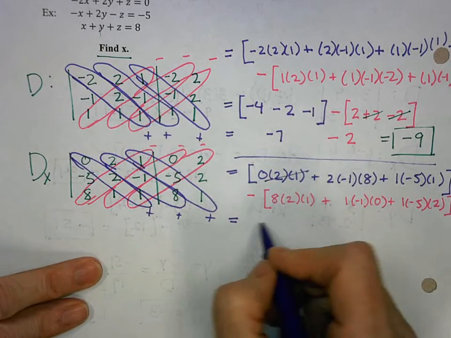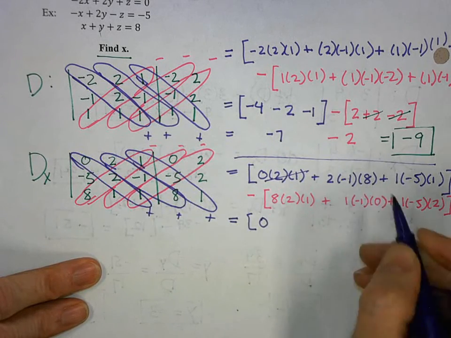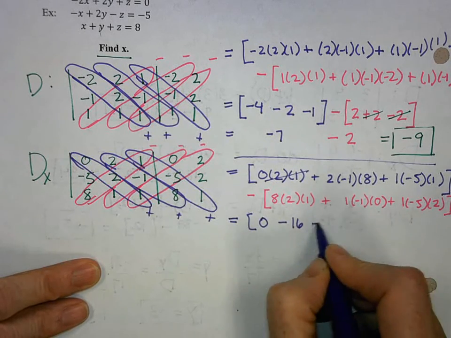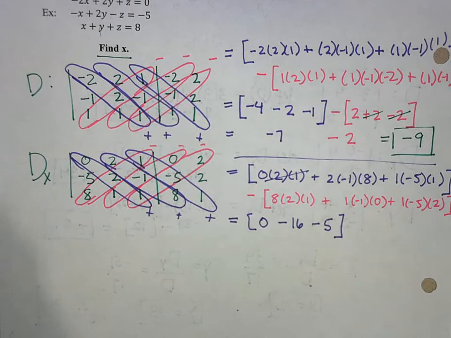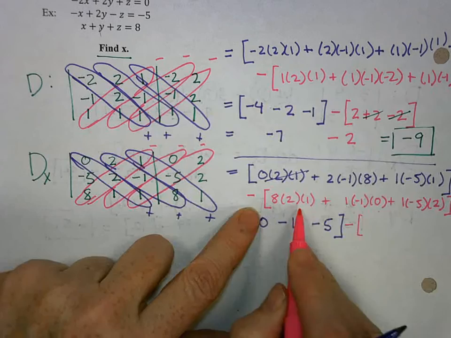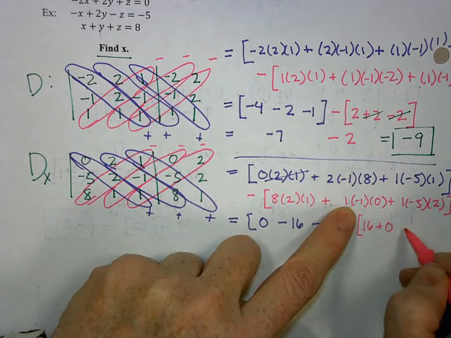Okay, work it out carefully, slowly. This just goes to 0, anything times 0. So we have 0. This is going to be negative. 2 times 8 is 16 times -1, minus 16. One negative, minus 5. So that's my positive side, -21. Then I'm going to subtract.